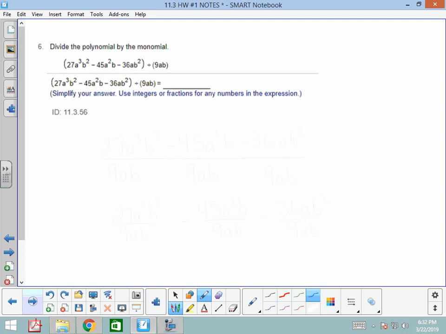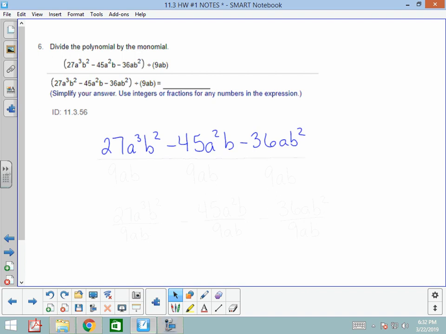All right. Last problem where we're dividing a polynomial by a monomial. Again, write the dividend divided by the divisor. Each term in the dividend is divided by the divisor.